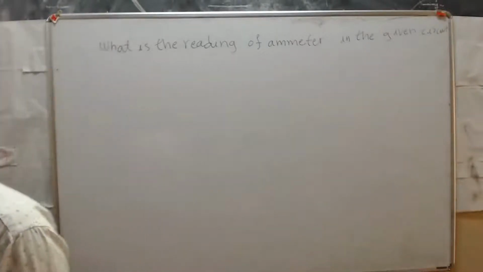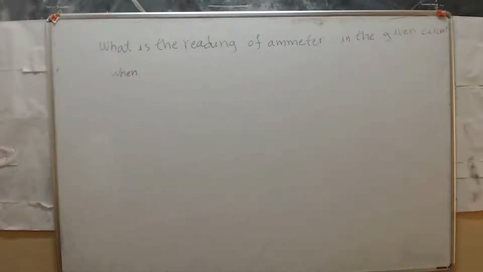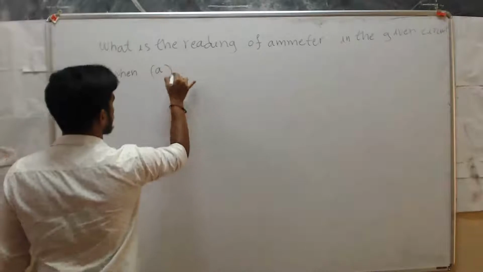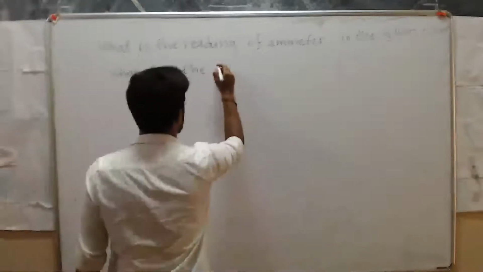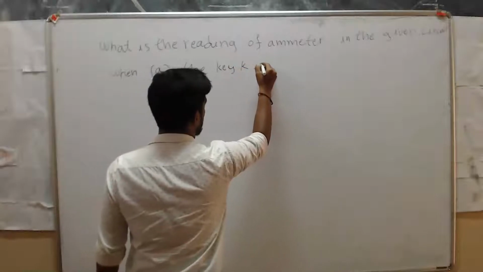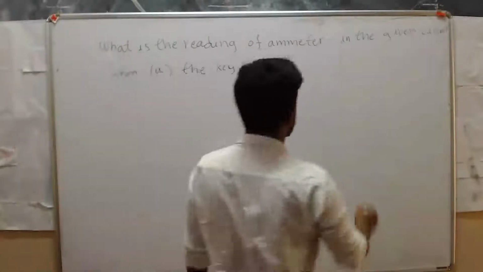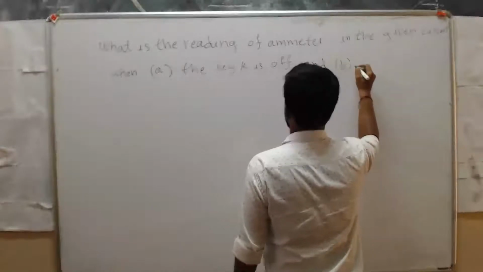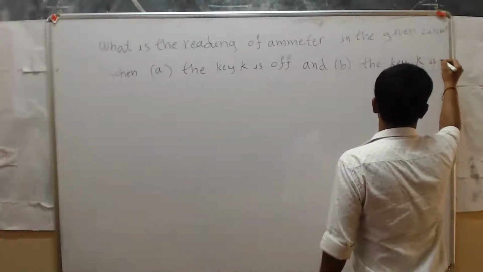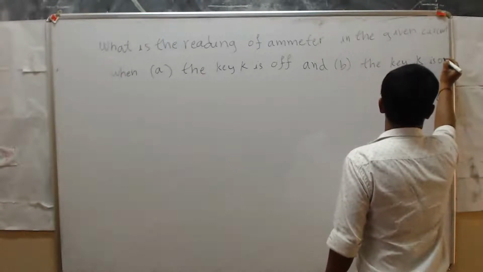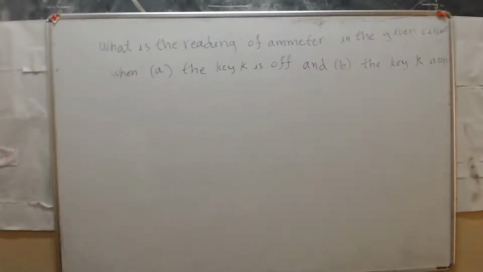In the given circuit, when, first case A, the key K is off, and B, the key K is on. Draw this diagram.